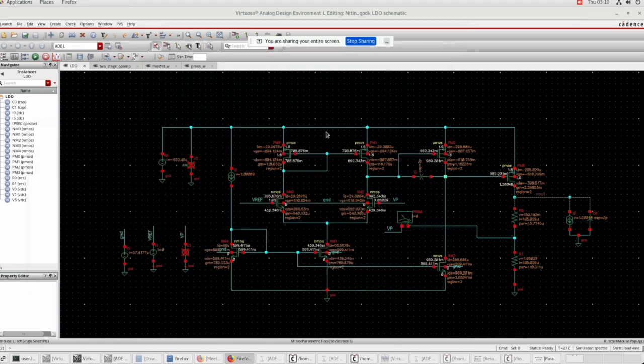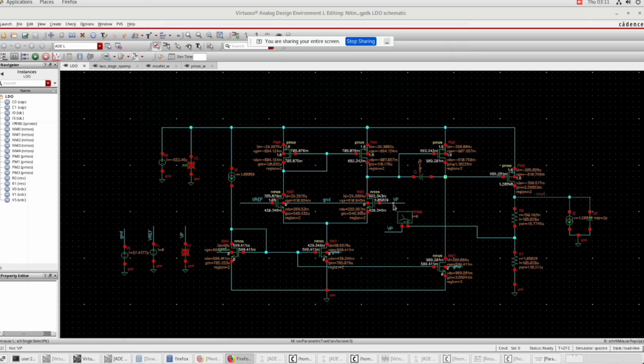And also let us analyze how the feedback is working in this circuit. For example, assume that the voltage at this node rises. As this is a PMOS, this node will go down. If this goes down, this node will go down, and as this goes down, this node will increase, because we can think of this as a common source amplifier.